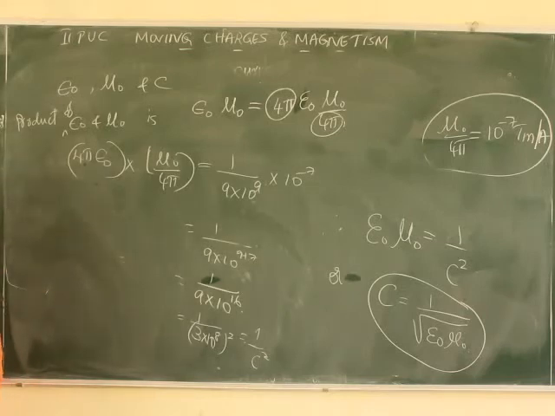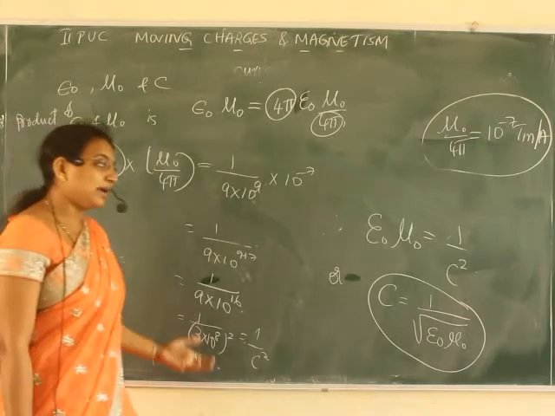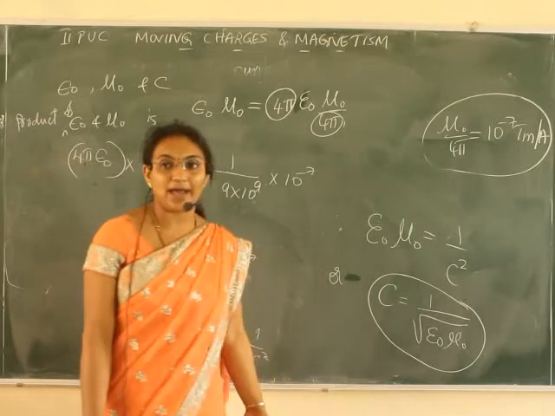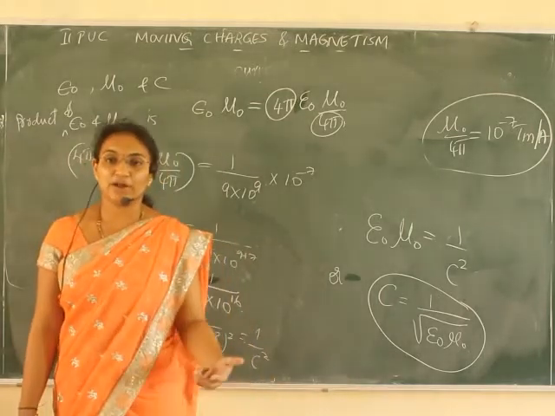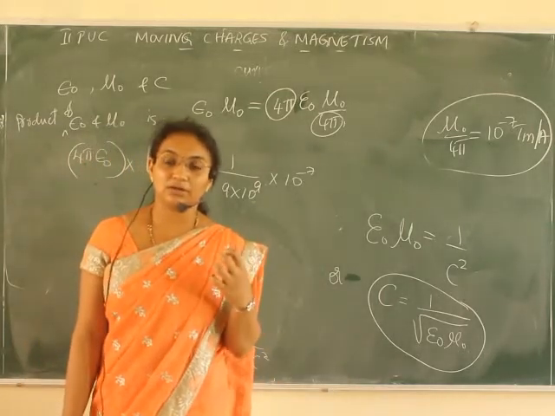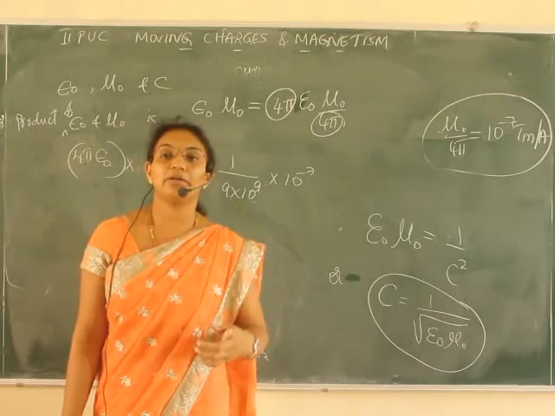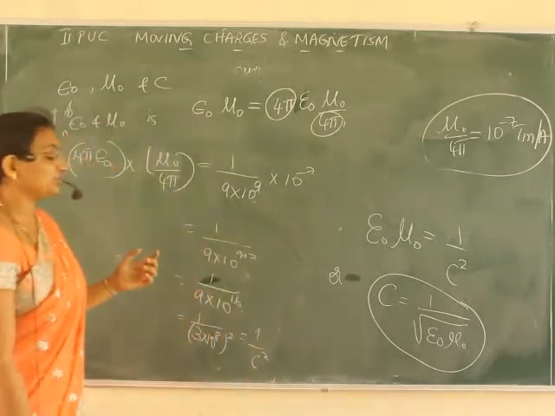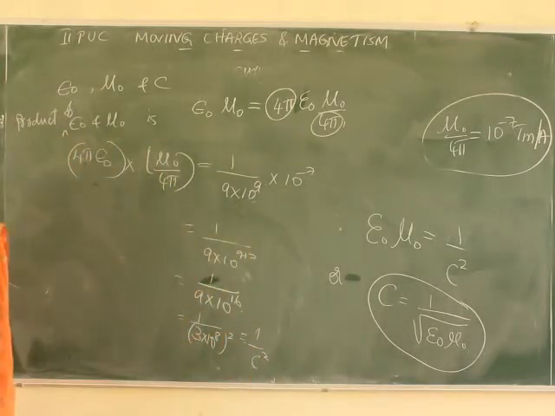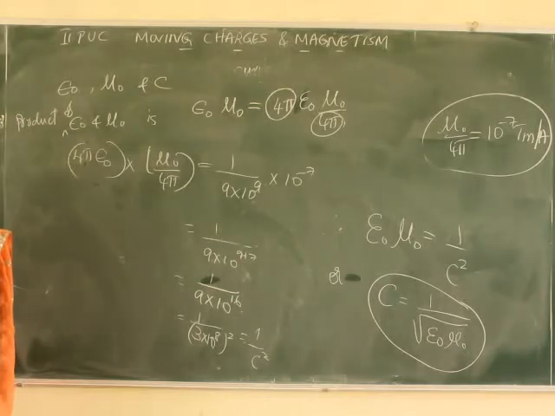Both fields are long range. Both depend on r squared, the distance from the point element, or from the charge, to the point. Since both depend inversely on the square of the distance from the source, they are long range forces.